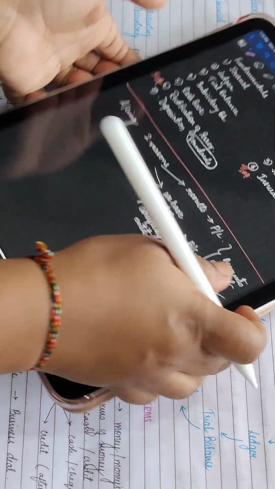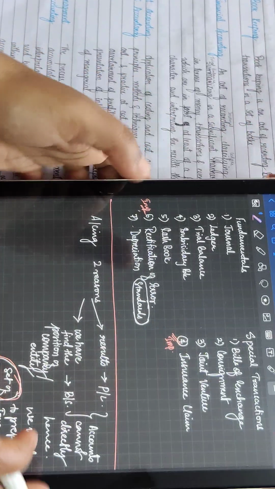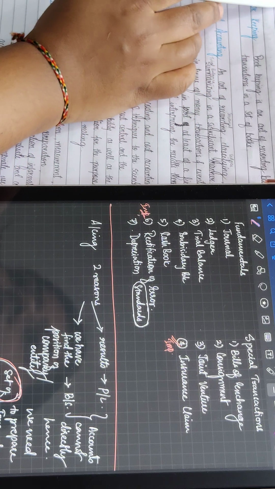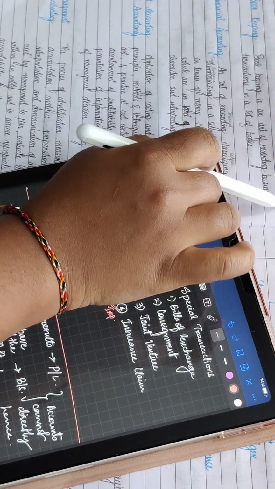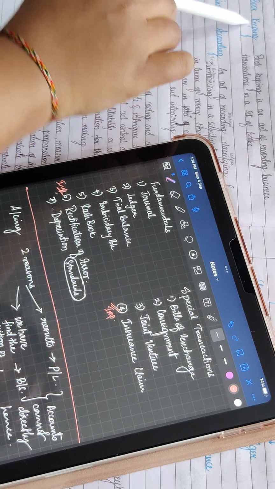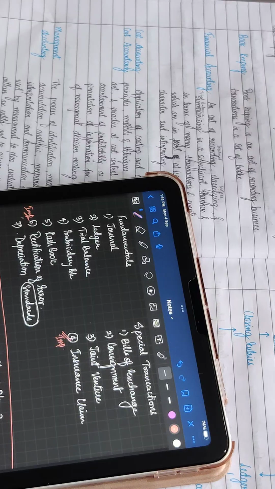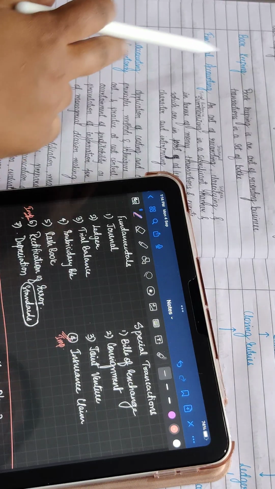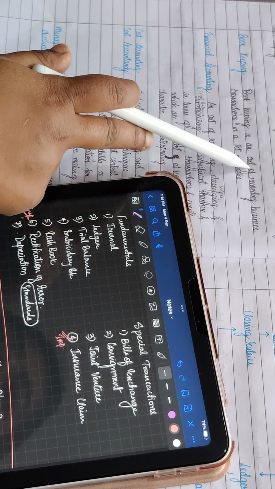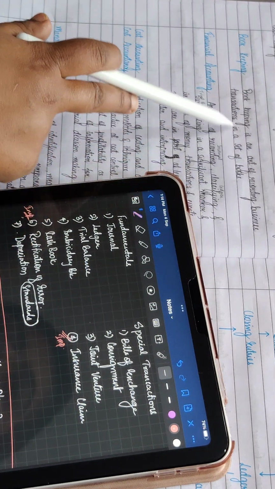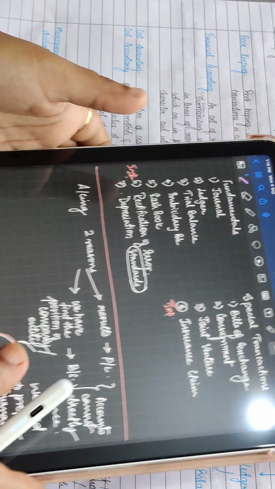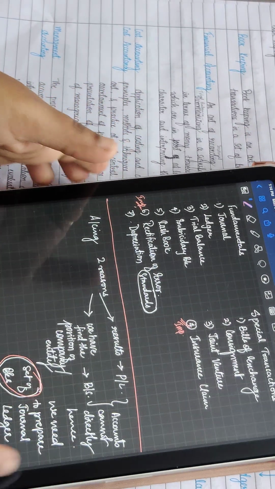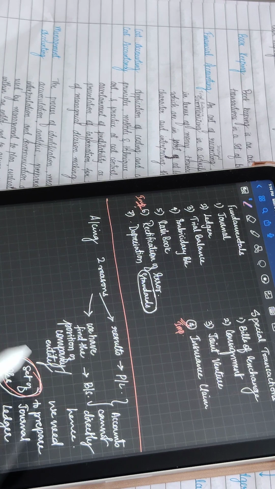Okay, so accounting has four fields: bookkeeping, financial accounting, cost accounting, management accounting. What is bookkeeping? Bookkeeping is an art of recording business transactions in a set of books. As I said before, we cannot remember everything, so all the transactions we have to record in the set of books.